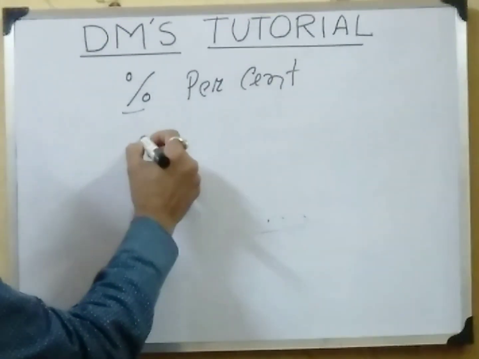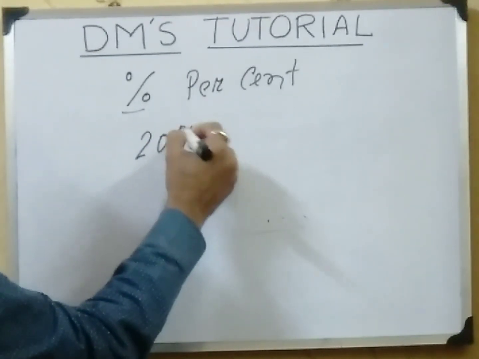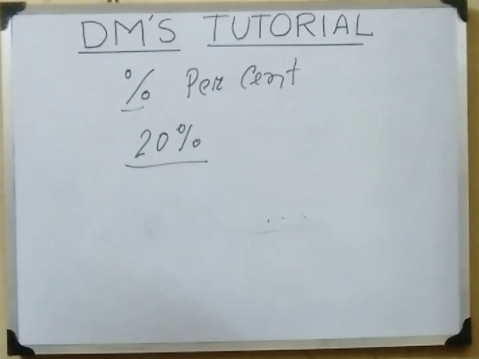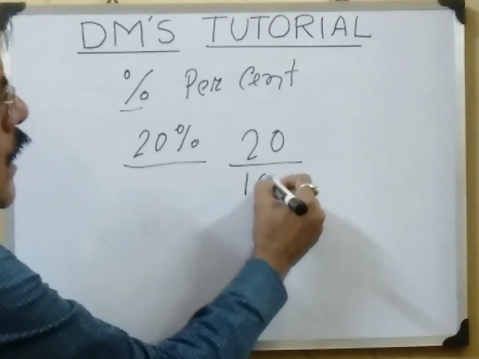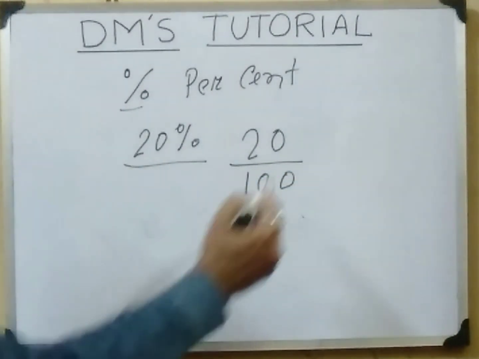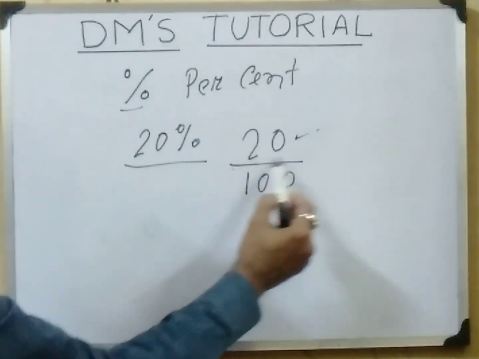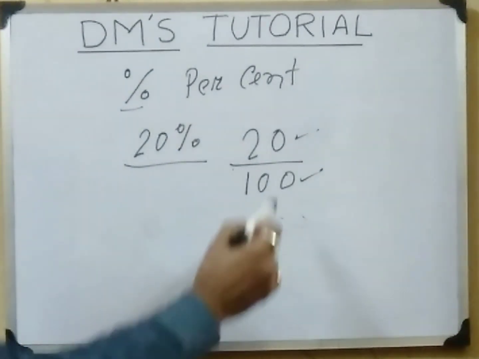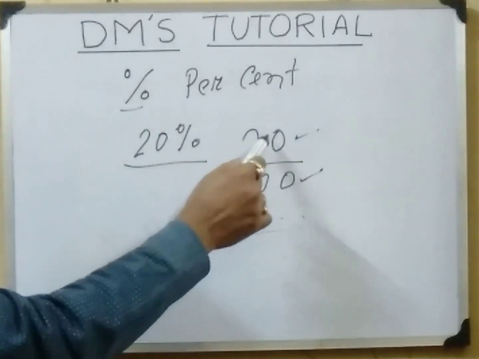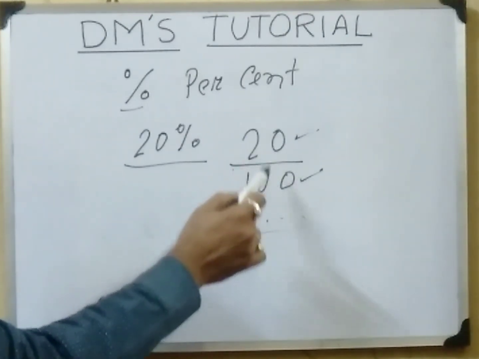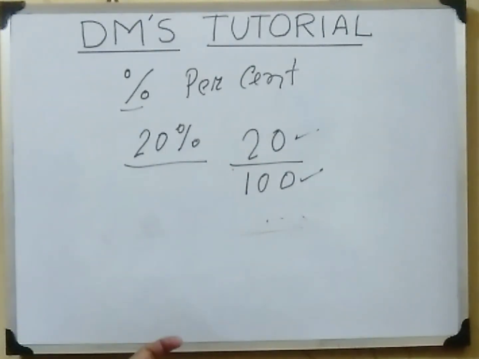I am writing here 20%. What does it mean? It means 20 out of 100. That is 20 per cent, per century. 20 per a century, that is 20 by 100, 20 out of 100. 20 quantity out of 100 equally distributed quantity, that is called 20%.